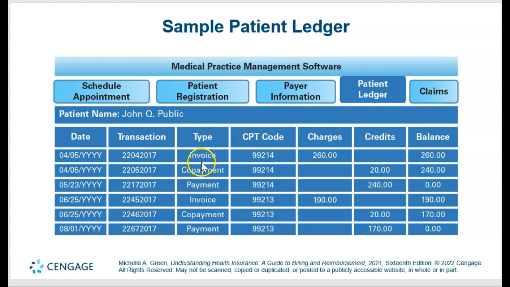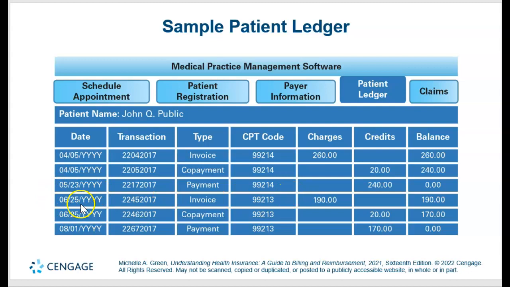Okay, so here let's just say the invoice was $260. That's what they charged for code 99214. That's the balance. So let's look here. If the patient had a $20 copayment, okay? So now it's down, they owe $240. That's credited there. Okay, so that's all paid off.